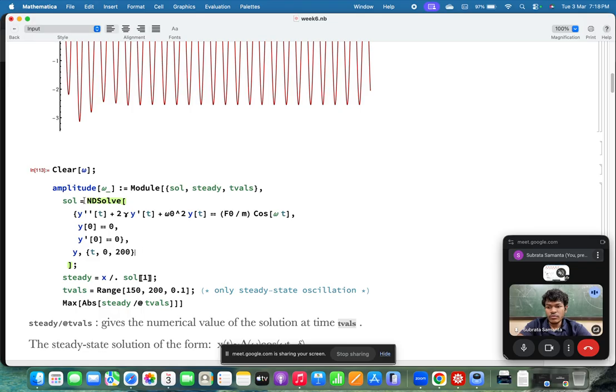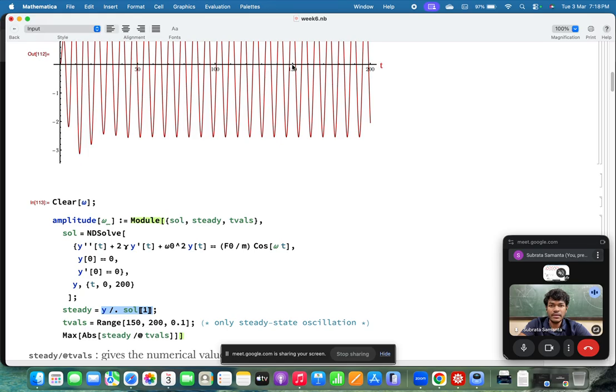Once you solve this, the solution is again an interpolating function. In order to extract the steady state solutions, I assign this to the steady variable. That's why my time interval is in a high range of t.